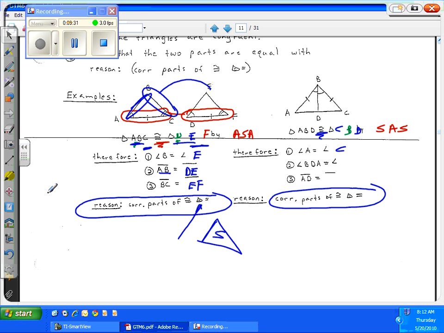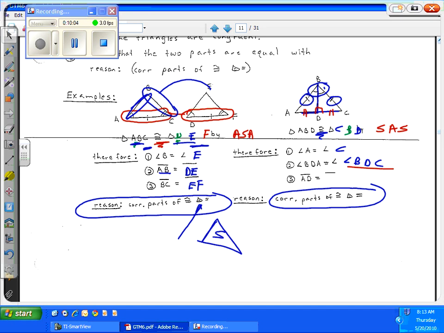We could say because these triangles are congruent that angle ABD is equal to angle BDC because corresponding parts of congruent triangles are equal. But we could also say they're equal because of the isosceles triangle theorem, which says if we have two out of the four things marked, we can automatically conclude that the other two are true, and the other two were that it's perpendicular to the base at its midpoint.